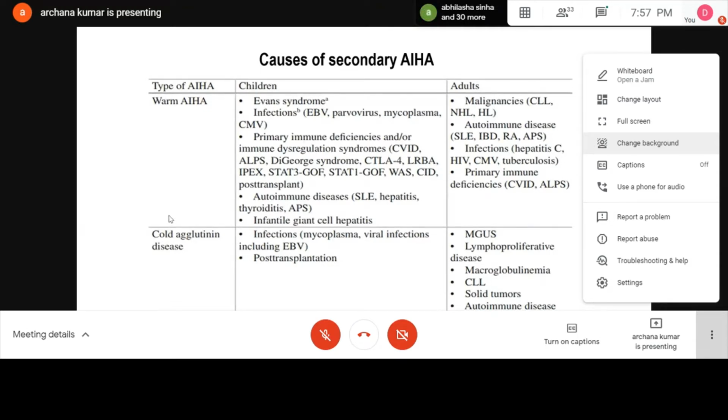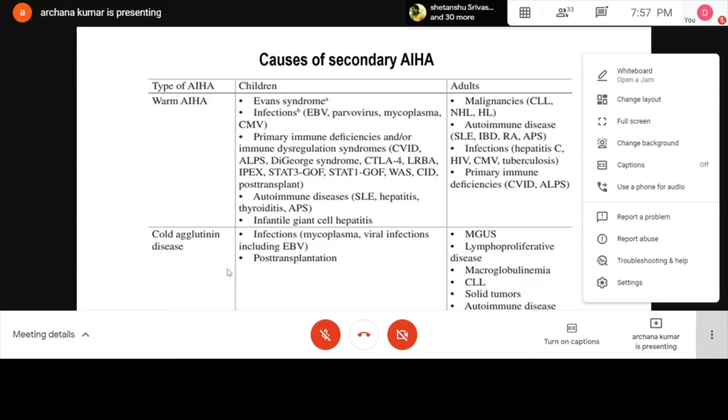It is due to infections like EB virus, parvovirus, mycoplasma, and CMV, and a lot of primary immune deficiencies or immune dysregulation syndromes, which are mentioned here, and autoimmune diseases like SLE, hepatitis, thyroiditis, antiphospholipid syndrome, infantile giant cell hepatitis.